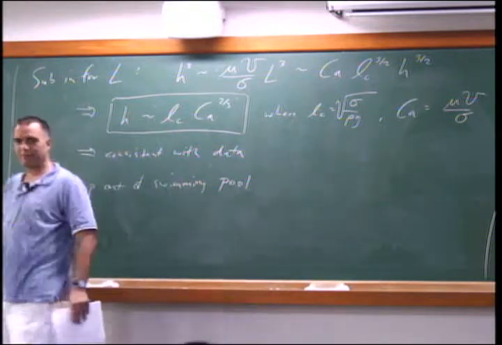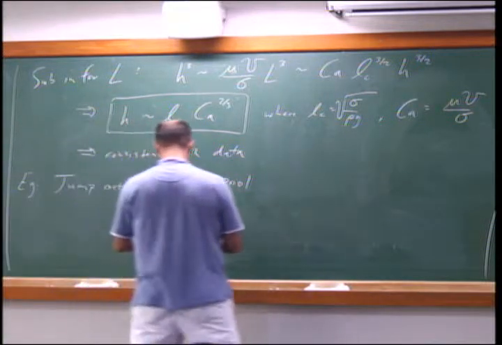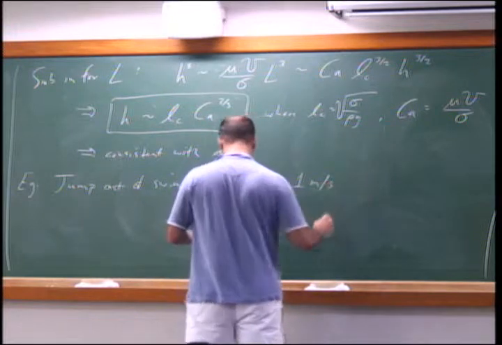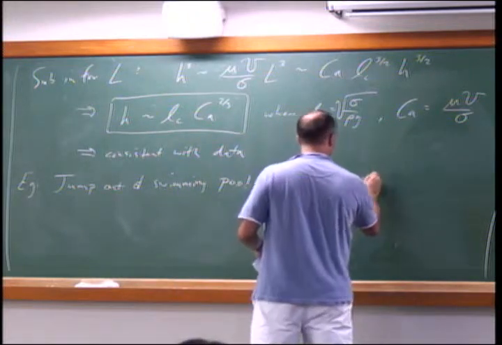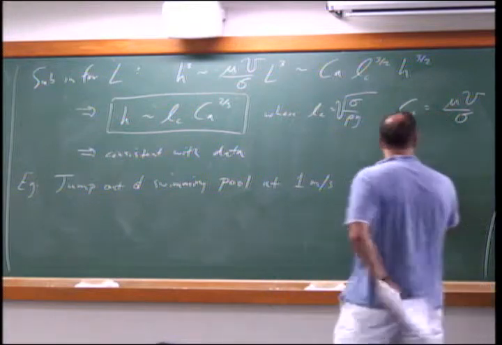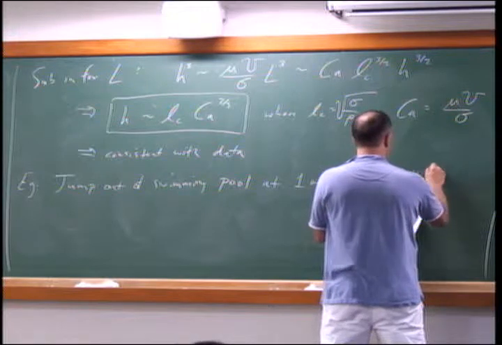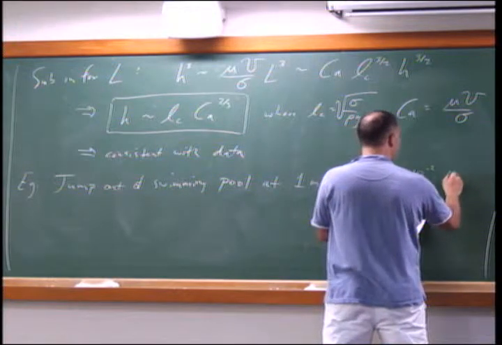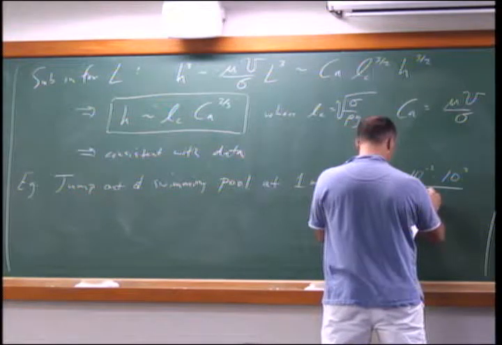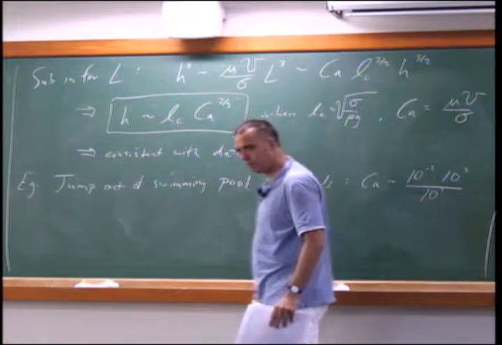So what's the thickness of the film which accompanies you? Say we jump out at 1 meter per second. So the capillary number: mu for water is 10 to the minus 2 in CGS, 10 to the 2 for a meter per second, and around 100 for the surface tension of water.